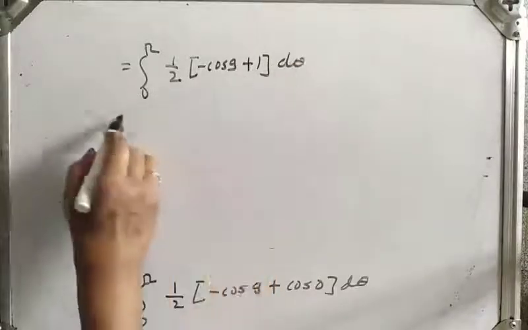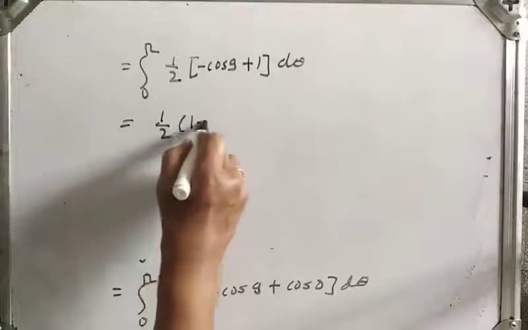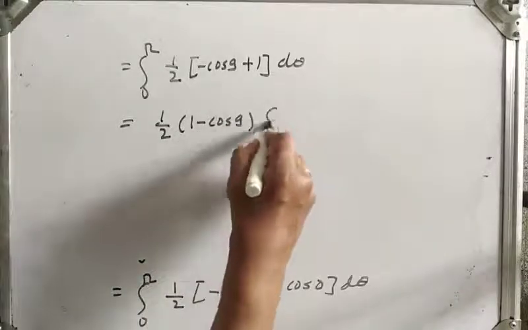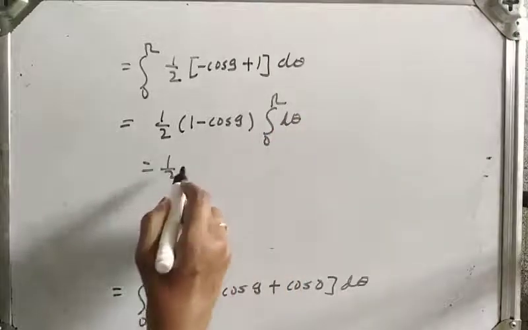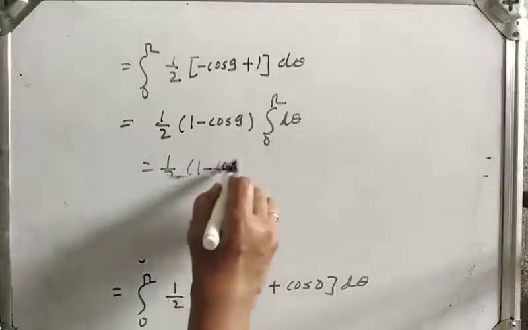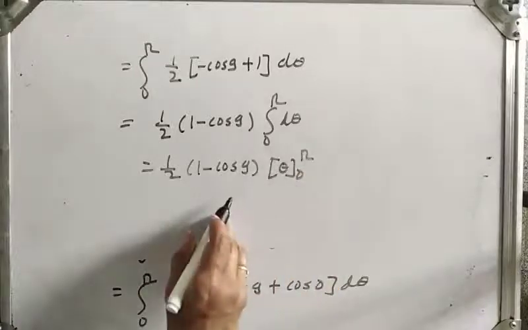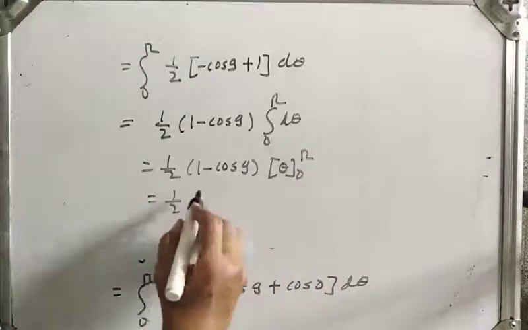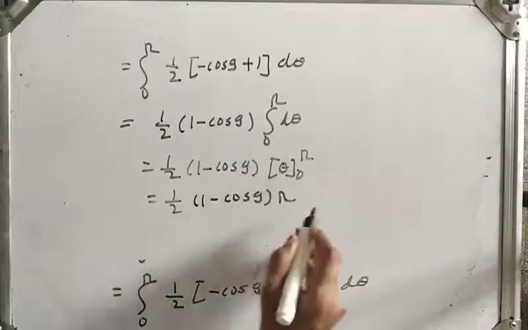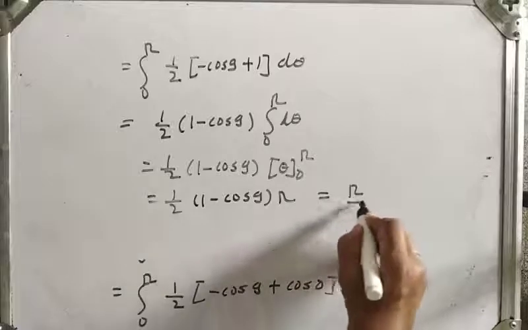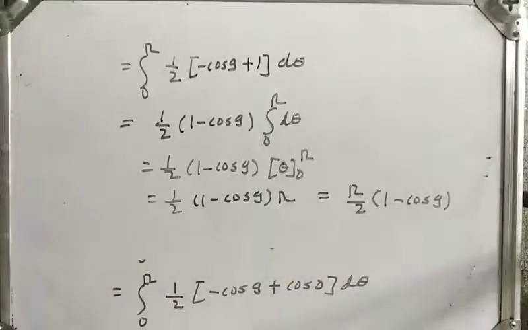Integrating with respect to theta, 1/2 (1 minus cos 9) is a constant, and the integral of d theta with limit 0 to pi is theta. By applying the limit, it is 1/2 (1 minus cos 9) into pi minus 0, that is pi. So our answer is pi by 2 into (1 minus cos 9). Okay, this is our answer.